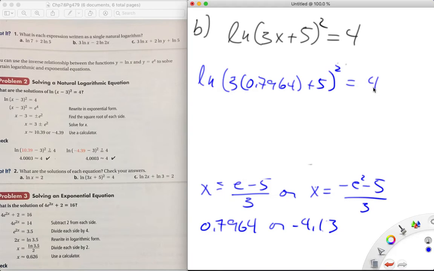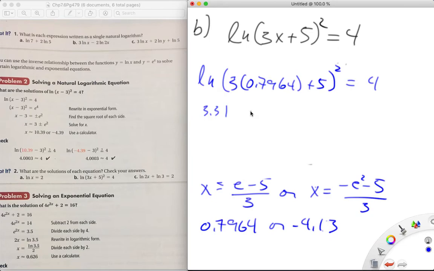Alright, so 3 times... and I get really close, so 3.31, but if I had to extend it all the way out, I probably would get really close to 4.